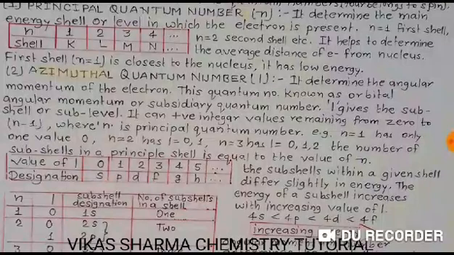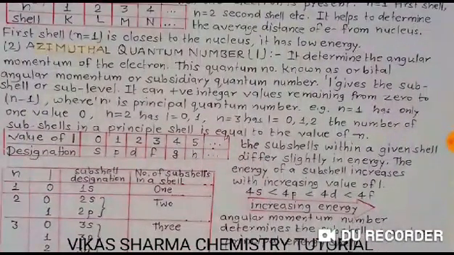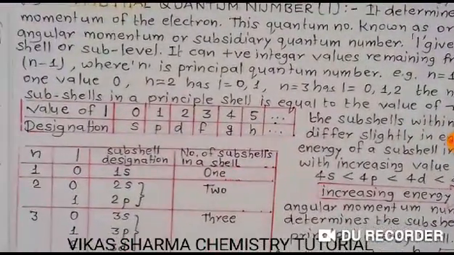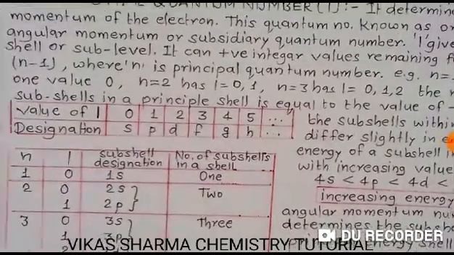This means 4s, 4p, 4d, 4f. So in increasing energy, 4s is lower than 4p, 4p is lower than 4d, and 4d is lower than 4f. Students, the value of l depends on the principal quantum number.